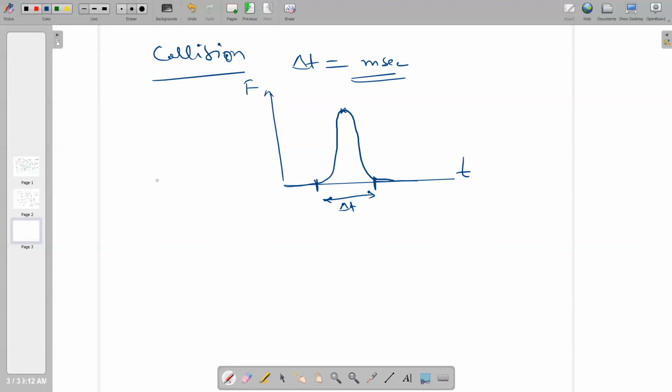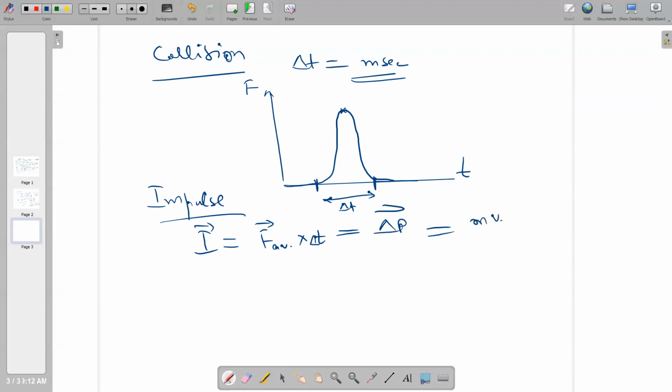Last time we defined impulse. Impulse I is average force multiplied by delta t time, or delta p, or mvf minus mvi, or the area under the f of t graph. This is impulse.